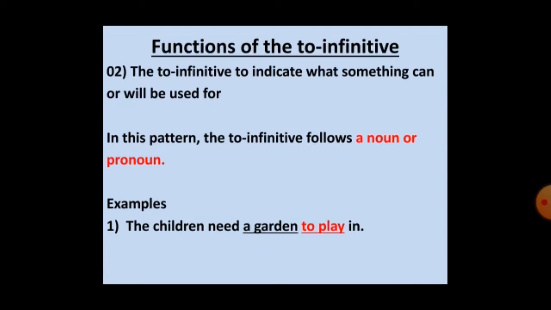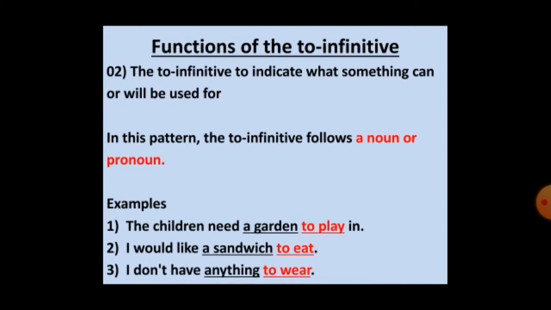So after noun or pronoun we can also use to infinitive. I would like a sandwich to eat. So sandwich is a noun, and after noun we can also use to infinitive. I don't have anything to wear. So anything is a pronoun, and after pronoun you can see to infinitive.